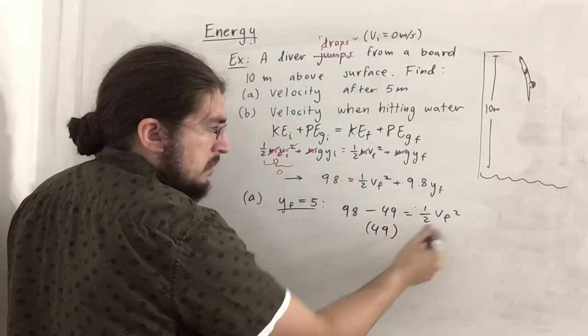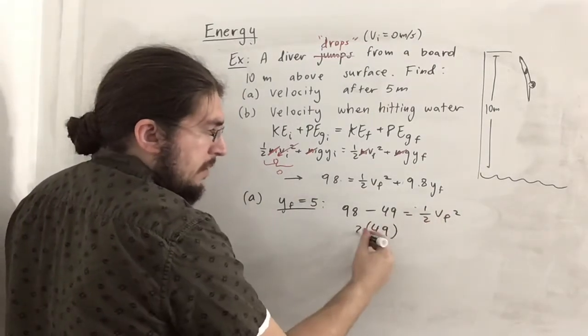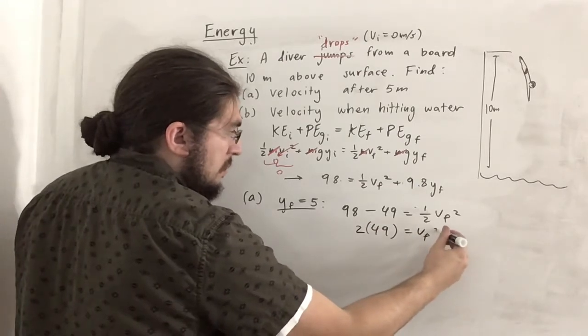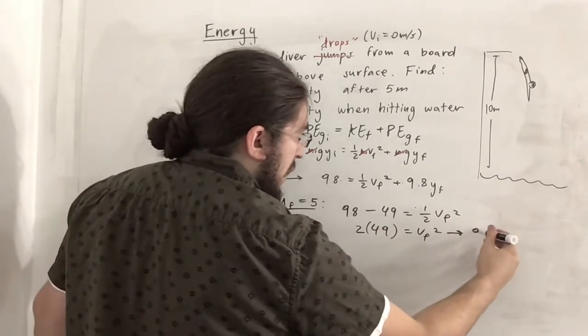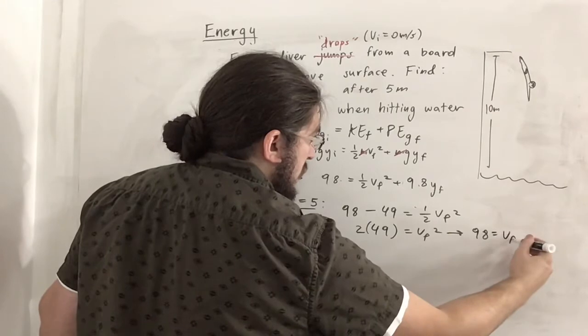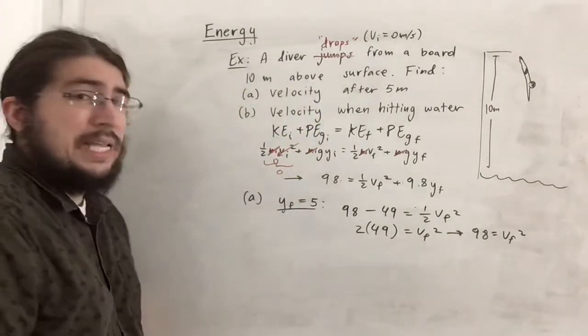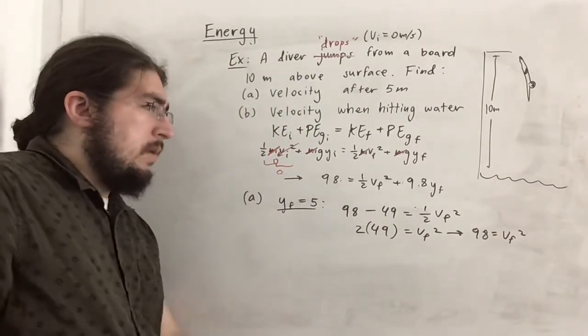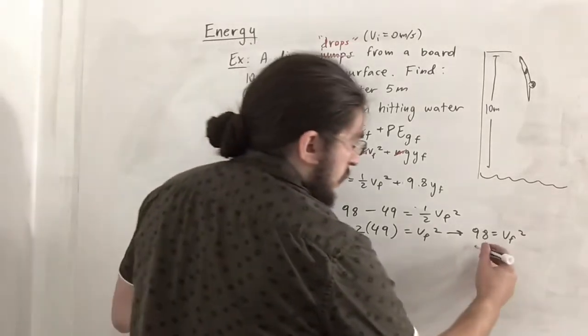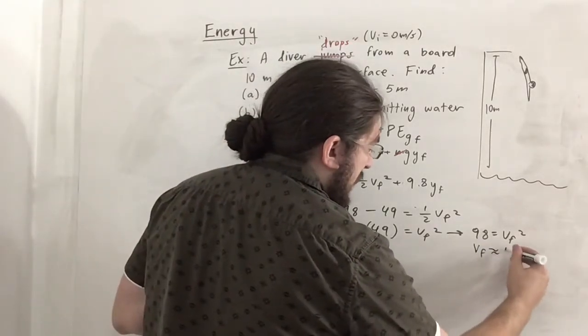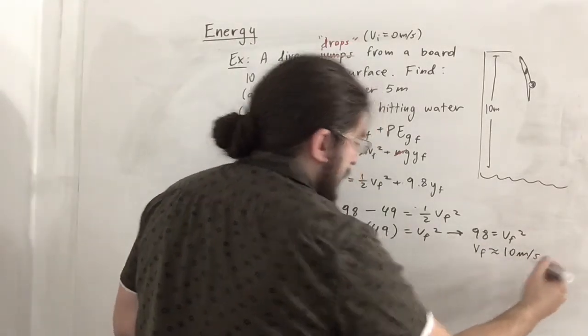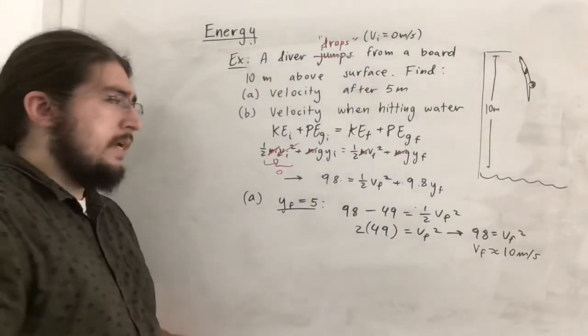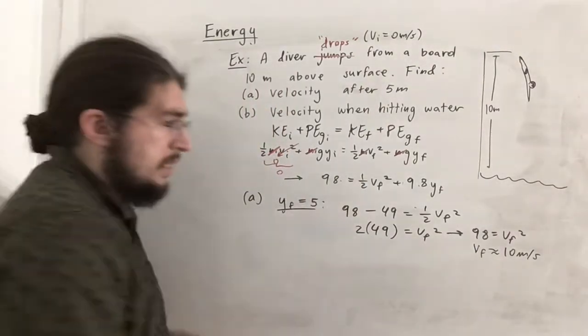We can multiply both sides by 2 because of the 1/2, so we get 98 anyways, which is kind of funny. So vf squared is 98, and 98 is pretty close to 100, which is 10 squared. So vf will be approximately 10 meters per second. I'm not doing much calculator work here, but it's nice to see that we can indeed do this.